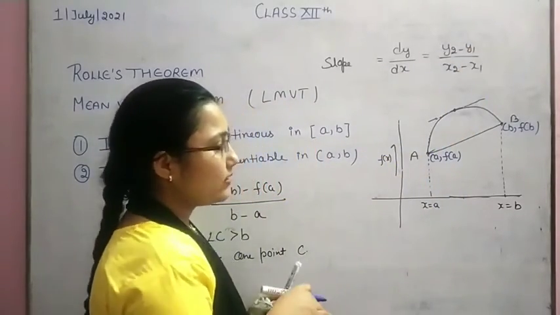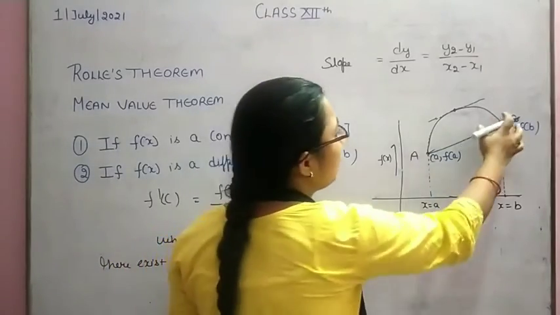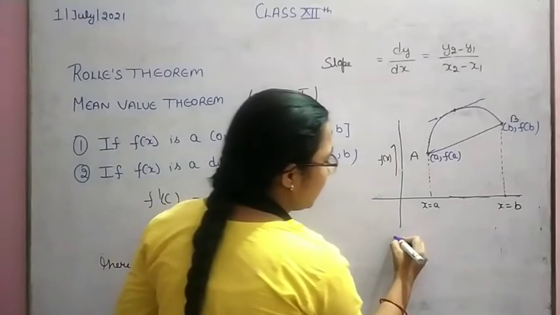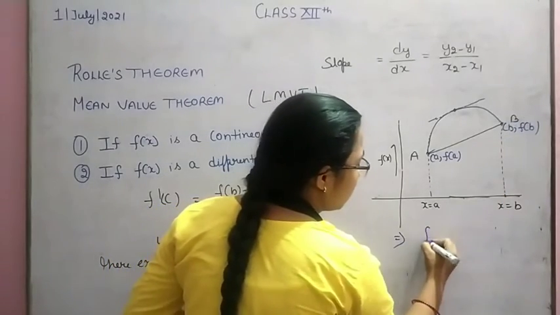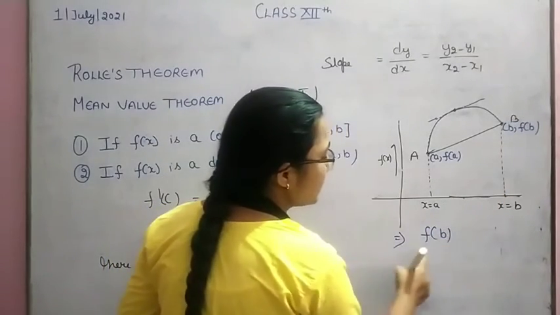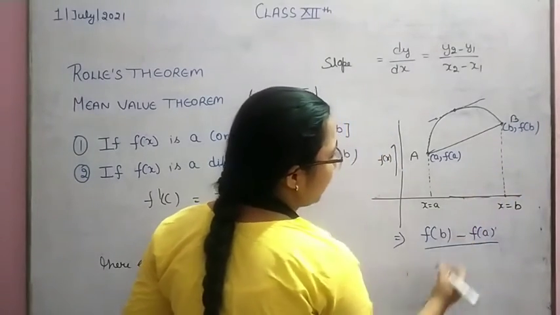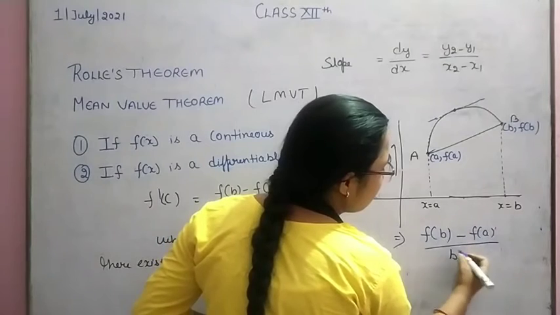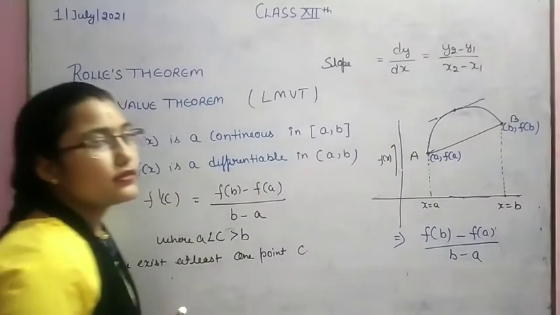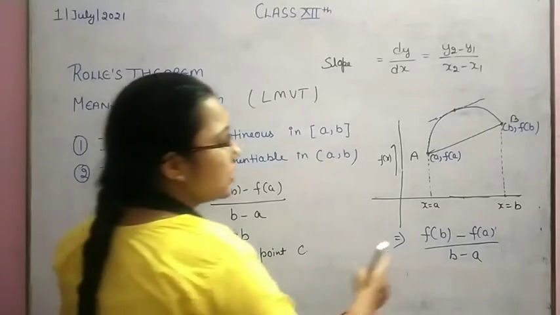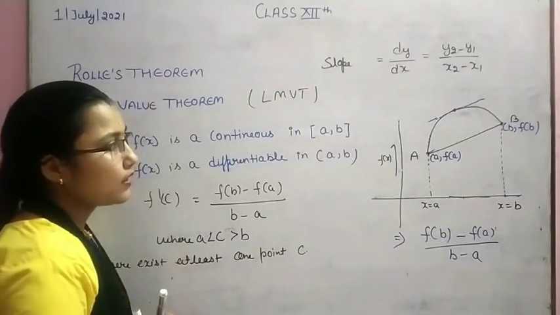So in that case, we have to find the slope between A and B. These are 2 points. So the slope of AB is (f(b) minus f(a)) over (b minus a), that means (y2 minus y1) over (x2 minus x1). Okay. This is the slope of the line.